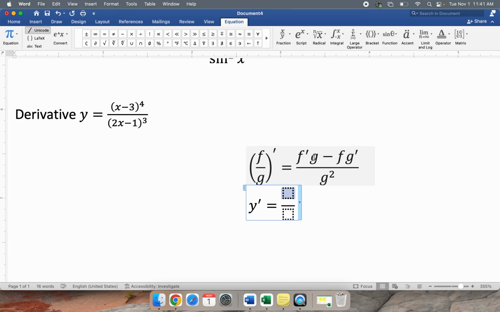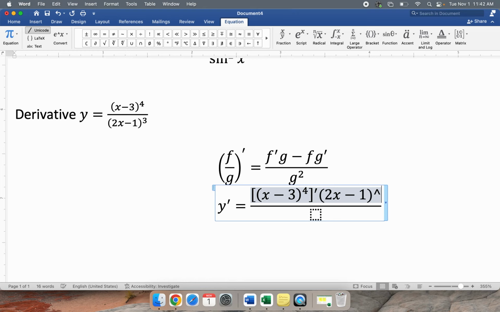So I have f prime g. I'm just going to write this expression in brackets, (x minus 3) to the 4th, and put a prime to indicate, hey, that's f prime. That's the derivative of my top function, times the bottom function left alone, so that's just (2x minus 1) to the 3rd. And I'll figure out what this derivative actually is in the next line.